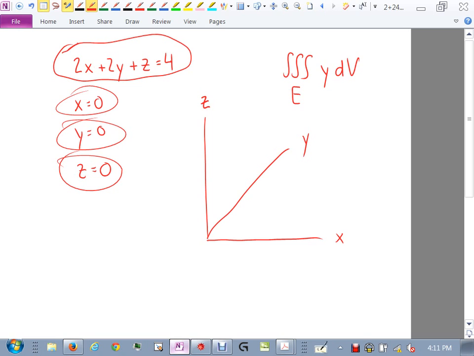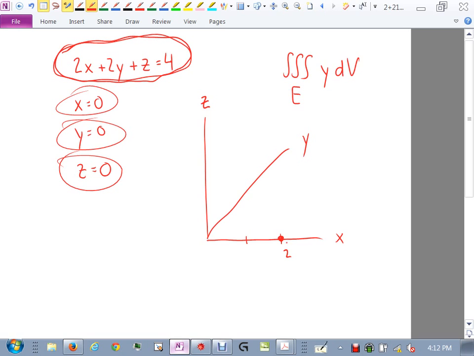What is this right here? It's a plane, right? Can you peel off three points on that plane real quick so I can draw it? So 2, 0, 0, right? Just let y and z be 0 and solve for x. If y and z are 0, then x is 2.